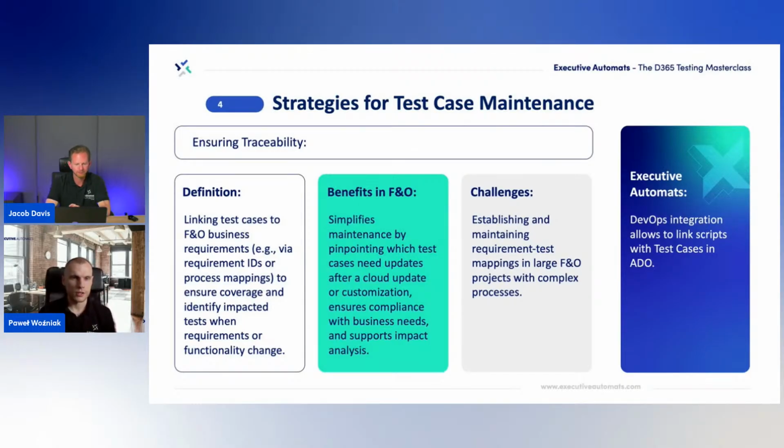So of course the challenge here is to have that mapping of test cases with the requirements, and especially this is challenging if we have very huge coverage and a huge number of test cases. It might be challenging to keep everything up to date, to link test cases with the requirements.